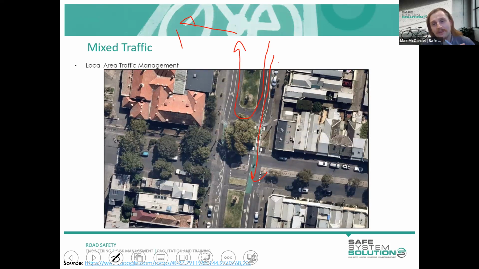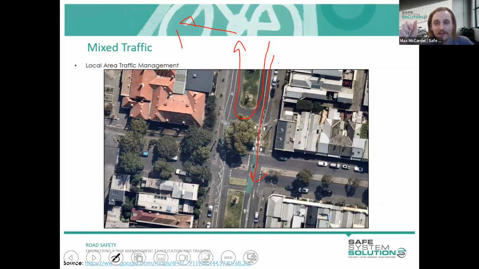Really, really common thing to be doing in your inner city areas, where you want to be basically making cycling more attractive. It can be incredibly difficult to get them on arterial networks where there's limited space and higher speeds and lots more traffic. But on local streets, you've probably got a better chance of implementing cycling infrastructure. And if you're prioritizing cycling infrastructure, that can be at the detriment of general traffic.